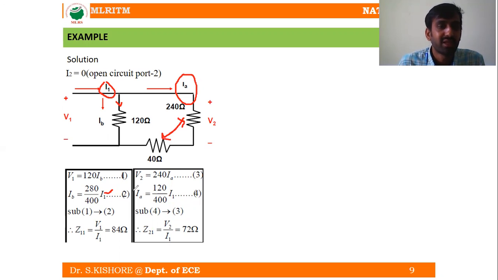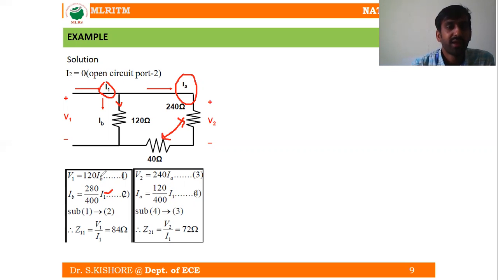Now let us consider this as equation number 2, and the previous one, V1 is equal to 120 into IB, as equation number 1. Now substituting equation number 1 in equation number 2, we are just substituting the value of IB.